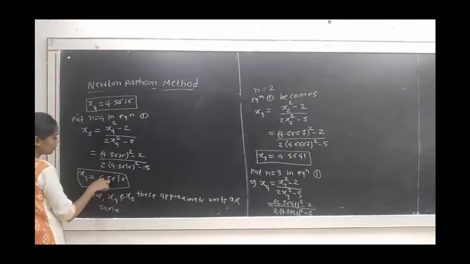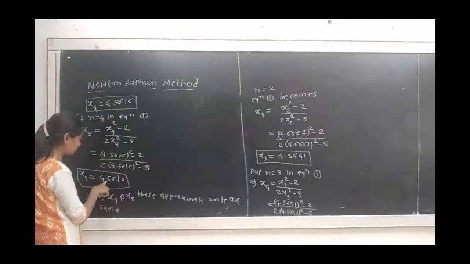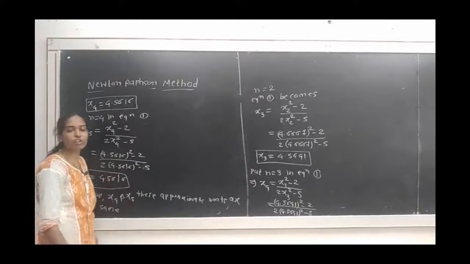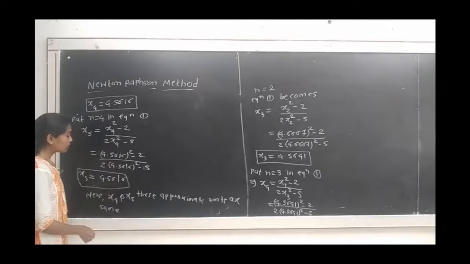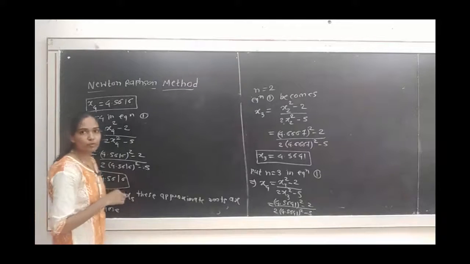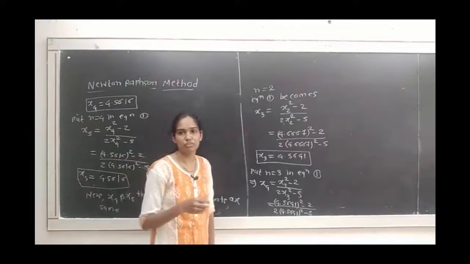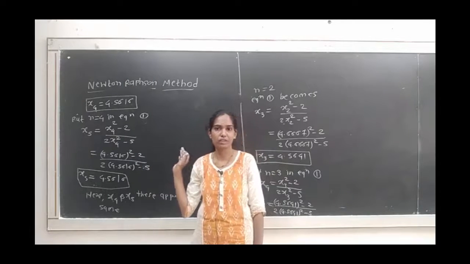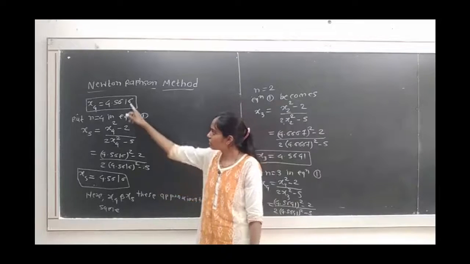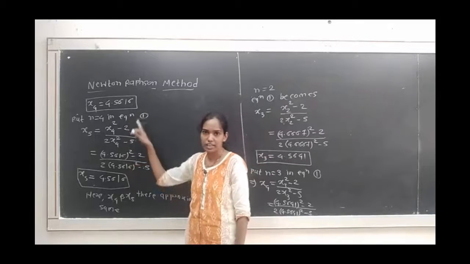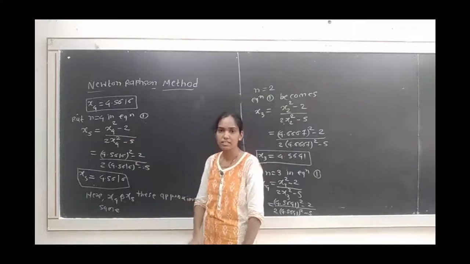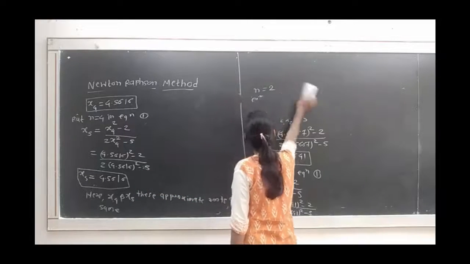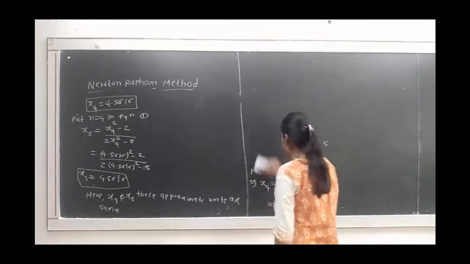Here we get two successive approximations that are the same, and if we find their difference, we get 0. Therefore we stop the procedure to find the next approximate root, because the two successive approximations are the same, and therefore we consider this to be the approximate root of the given equation.